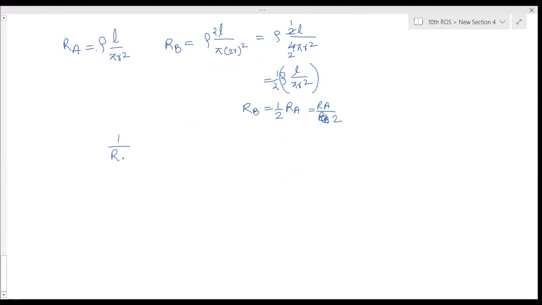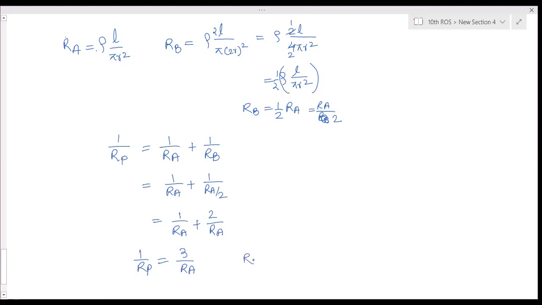So for the parallel combination, 1 by RP is equal to 1 by RA plus 1 by RB. 1 by RA remains the same and RB is RA by 2, so 1 by RA plus 2 by RA. RA by 2 goes to the numerator, reciprocal multiplication. So this is equal to 3 by RA, which is 1 by RP. So RP is equal to RA by 3, so 1/3 of RA. You got it.